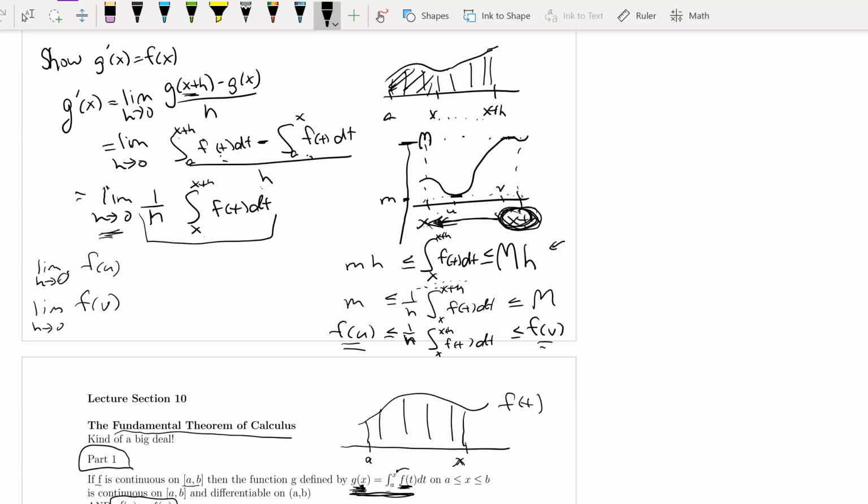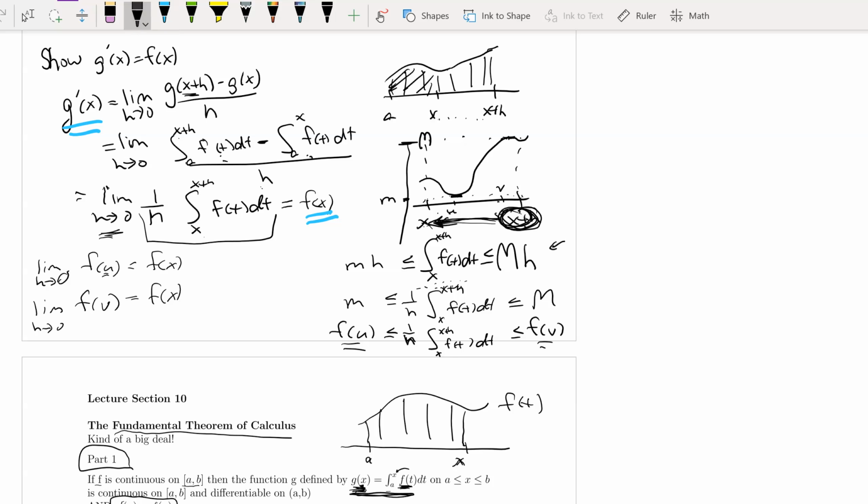So if I let this go here, where does u go to? u will go to x. So if u goes to x, I get f of x. And same thing, if I let this go to here, h going to 0, where does v go to? v goes to x. So I get f of x. So what does that mean about the one in the middle? It equals f of x. And what was it that I was trying to prove? Oh yeah, there it is. So the derivative of g is f of x.